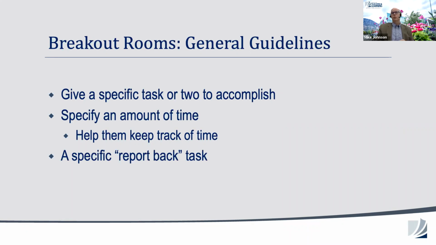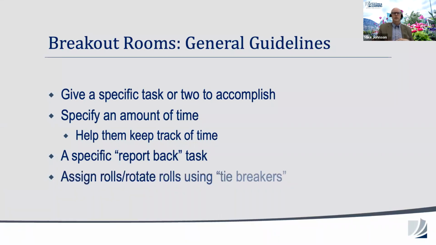Have a specific report back task if possible. So that way when you come back, you can call on a few select groups, or depending on the thing, you might want to hear back from all groups. And then assign roles. You don't have to use the tiebreakers. That was just an idea.